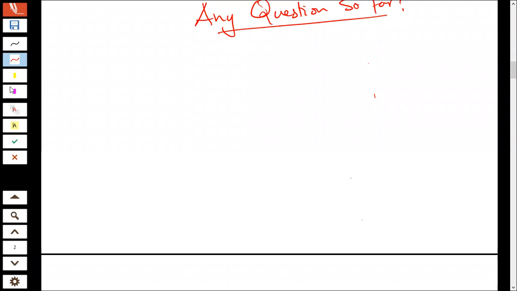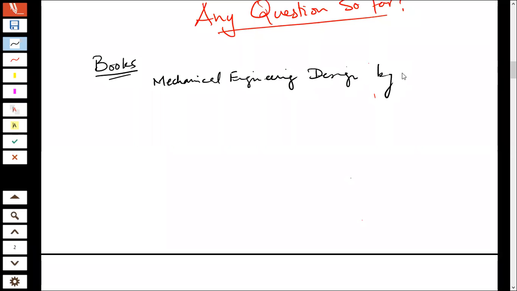So the book that we are going to follow, for consistency, we will follow one book, and that will be Mechanical Engineering Design by Budynas and Nisbett.